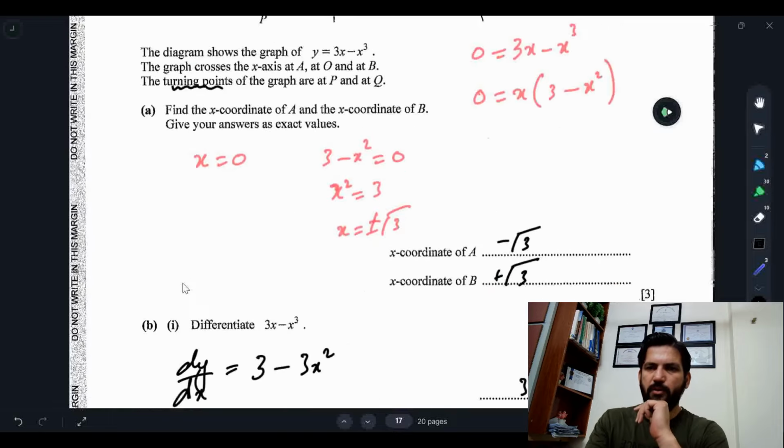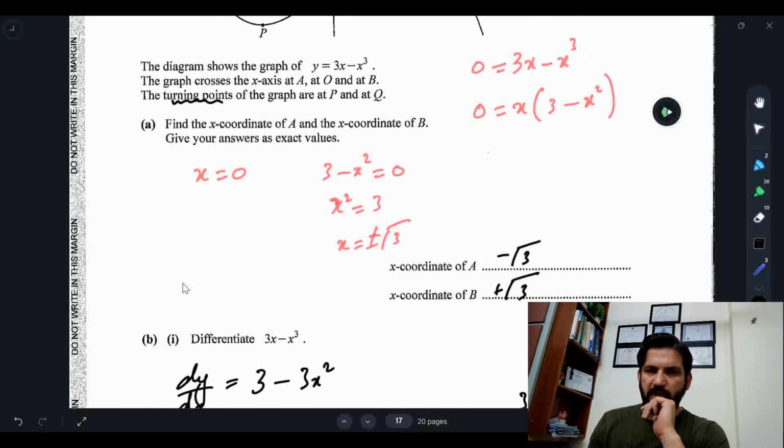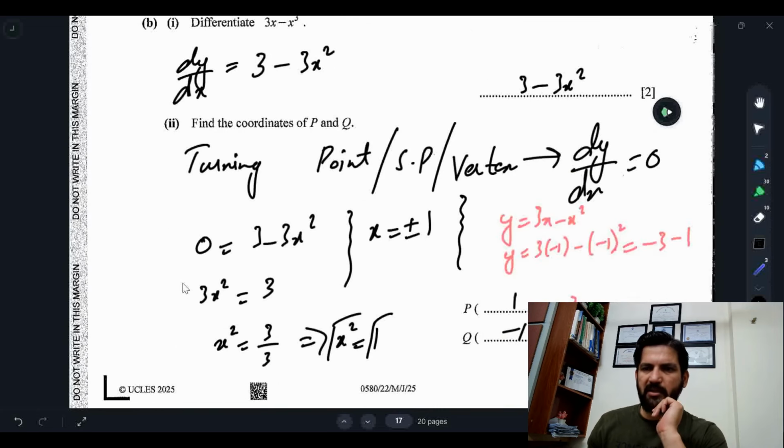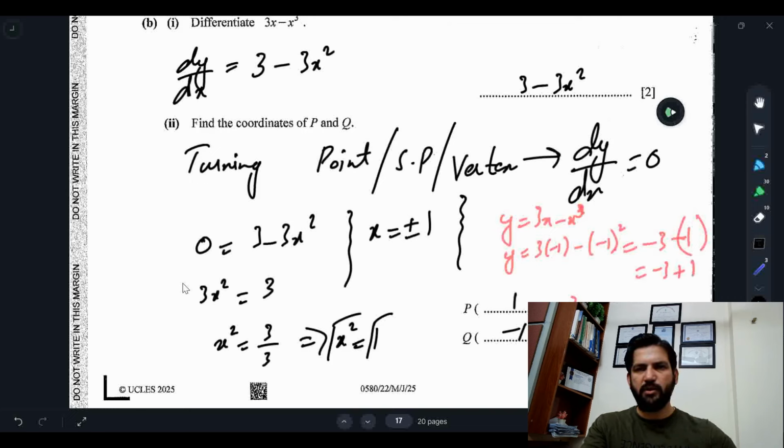Be very careful about it, it should be x cube. If you take the cube of minus 1, the answer will be minus 1, so minus 3 plus 1 will be minus 2. So this will be the final answer. I hope that the concept is clear. If you still have any doubt or confusion, you can ask in the comment section.